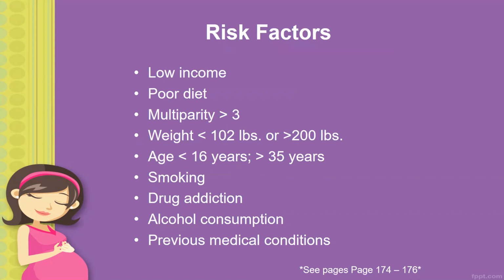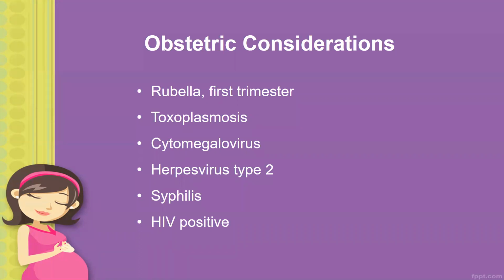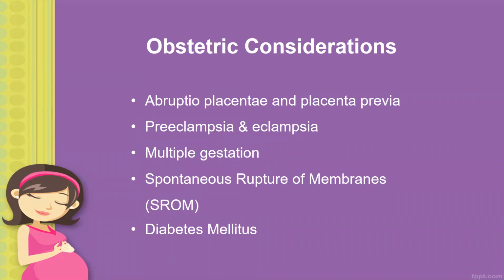Obstetric considerations that we have to think about are abruptio placenta and placenta previa, which lead to a high risk of hemorrhage.